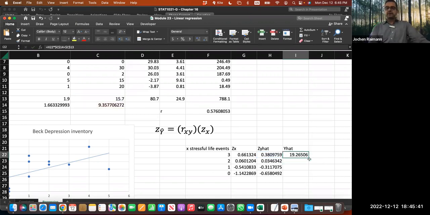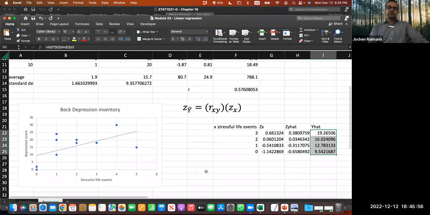So this gives you an actual estimate of your y. Gives you for 3 stressful life events 19, 16 for 2, 12.8 for 1, and 9.5 for 0.